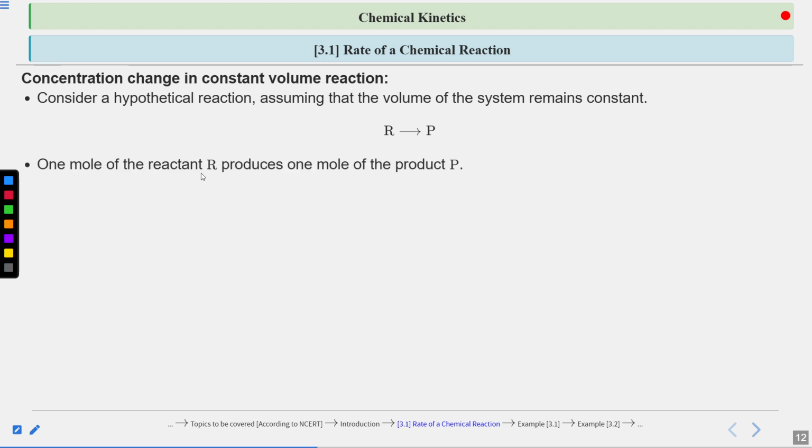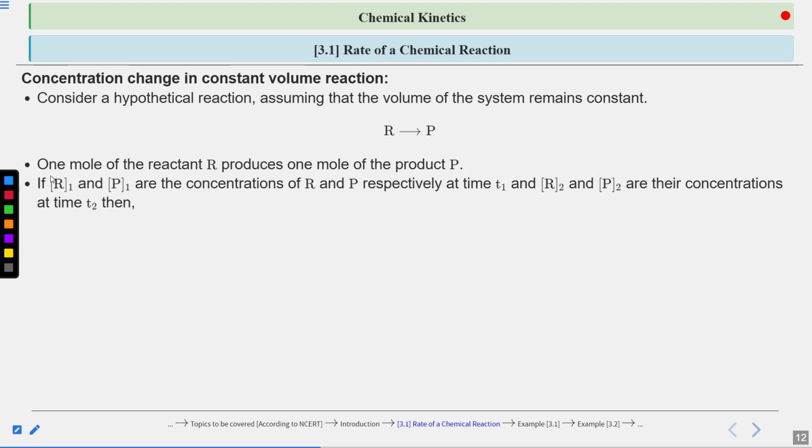Now, when 1 mole of the reactant R produces 1 mole of the product P, now if R1 and P1 are the representations for the concentrations of the reactant and the product respectively at time T1, and R2 and P2 are their concentrations at time T2, then we are talking about different concentrations at different times for both reactants and products.